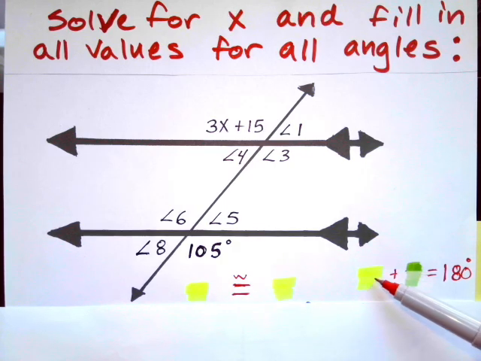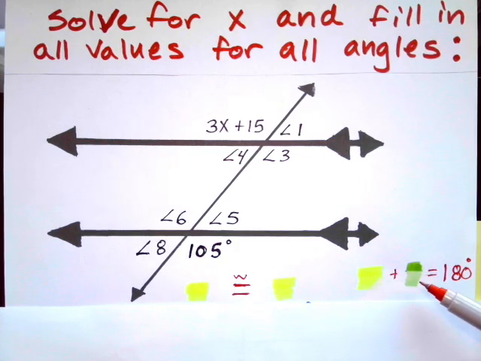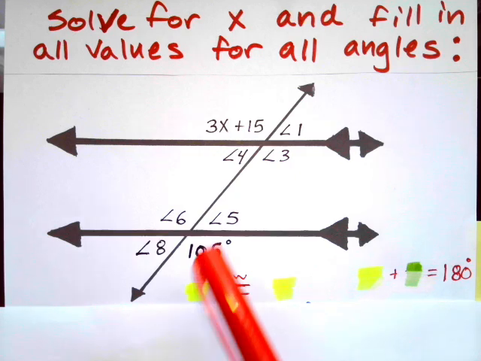And one yellow angle plus one green angle is supplementary, adding up to 180 degrees. So that's kind of the key to solve these types of problems, is you need to know this, and I have provided this kind of like a cheat sheet in other example videos. So let's go ahead and take a look.